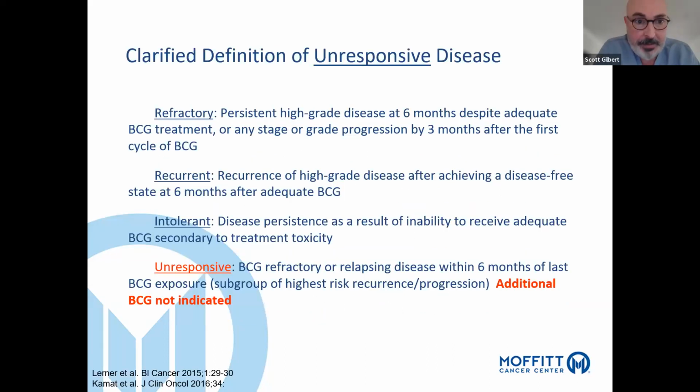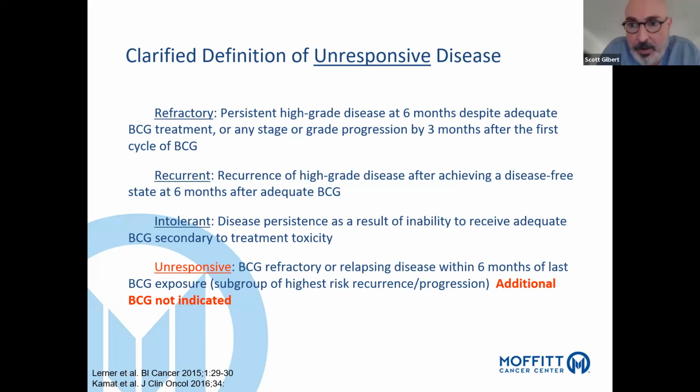So to make that complexity simpler, the new classification comes down to really 4 categories of patients. There's patients who are refractory, who have high-grade disease at 6 months despite adequate BCG treatments, or any grade or stage progression by 3 months after their first cycle of BCG.